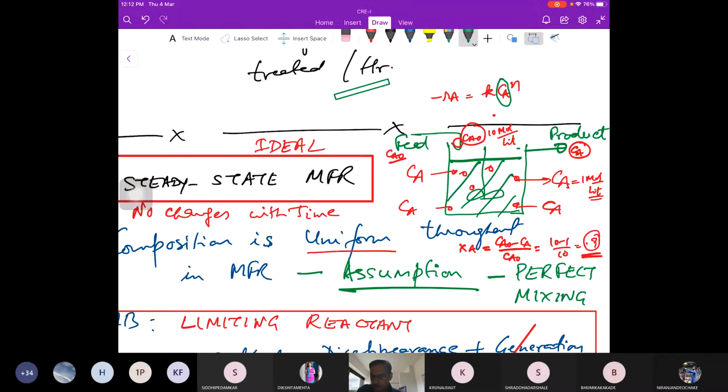Will the rate be good or bad? Suppose instead of 10, I have concentration 1. So the rate will decrease. Ideally, I should get this rate k into 10 raised to the power of n, but I'm not getting this one in the CSTR. In the CSTR, I'm getting k into 1 raised to the power of n.